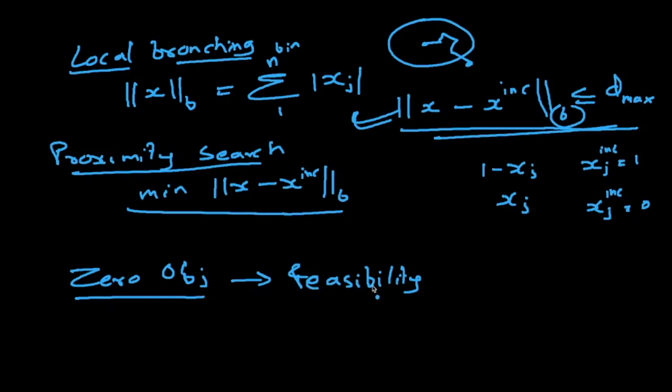If I have a solution, then I'll use zero objective, but I'll also add one constraint from the improvement neighborhood. We remember that we can improve our neighborhood by delta. So if we have an incumbent solution, then we can add this constraint. Otherwise, we'll not add anything extra, and then we just look for any solution that is feasible.